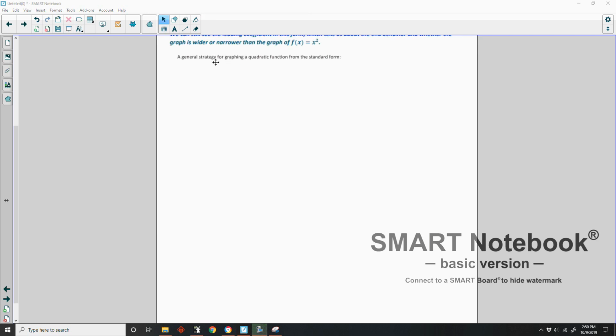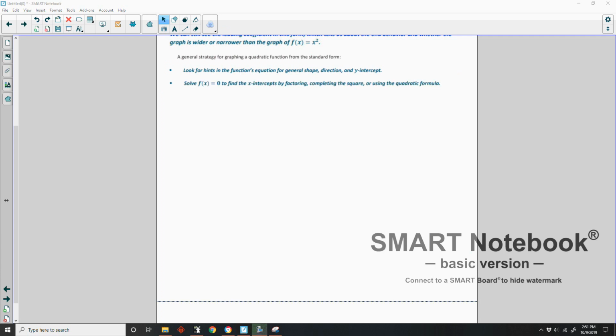Okay, now it says a general strategy for graphing a quadratic function from the standard form, and there are different things we need to do. The first one is we need to look for hints in the function's equation for general shape, direction, and y-intercept. We need to solve f of x equals 0 to find the x-intercepts by factoring, completing the square, or using the quadratic formula. We need to find the vertex by completing the square or using symmetry.